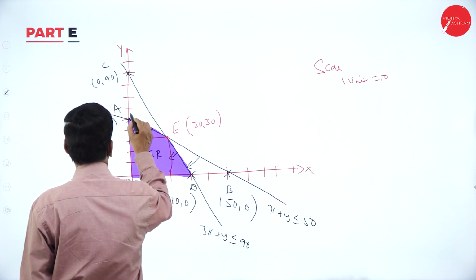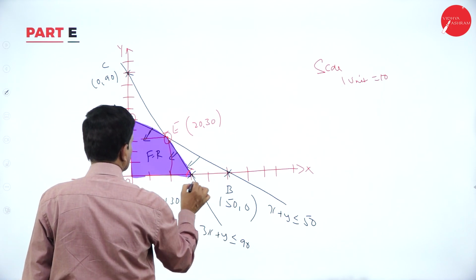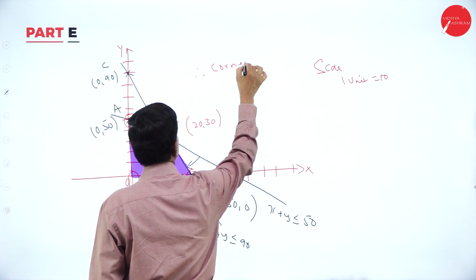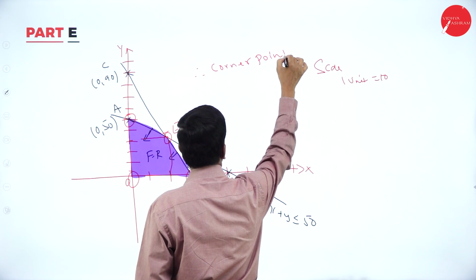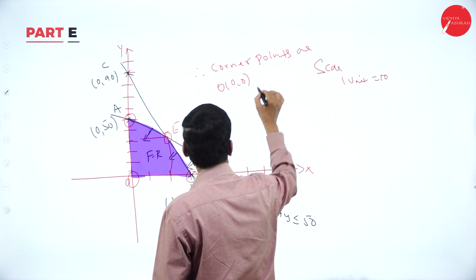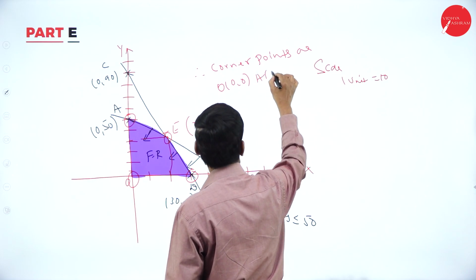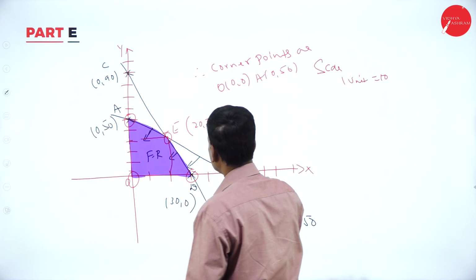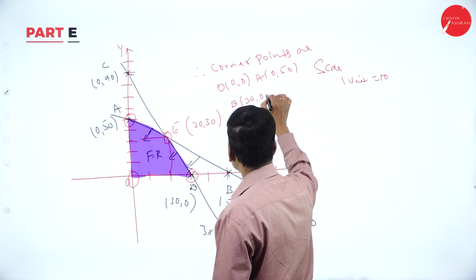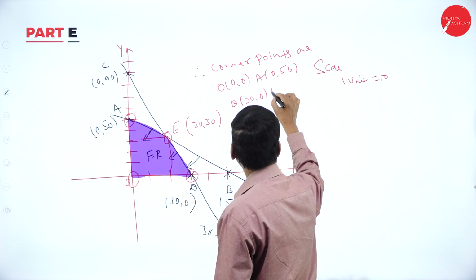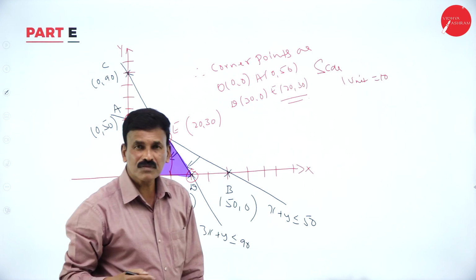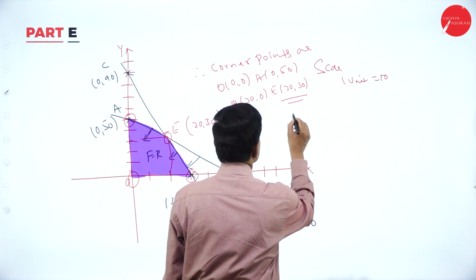Now, these are the corner points: O is 0 comma 0, A is 0 comma 50, D is 30 comma 0, and E is 20 comma 30. Now, let us find out the values at the corner points.